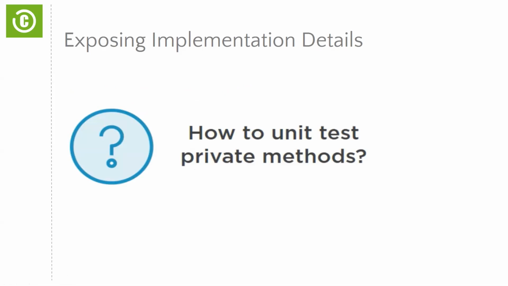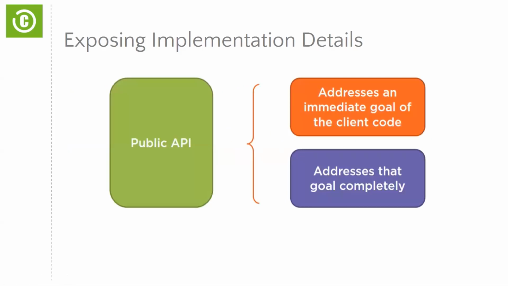If you make your private methods public for the sole purpose of unit testing, it means you are exposing your implementation details. So whenever we do unit testing, we should always aim to verify the public API of the class. The public API is defined by its usage pattern. If a method or class addresses an immediate goal of the client, then it's a good subject for unit testing.